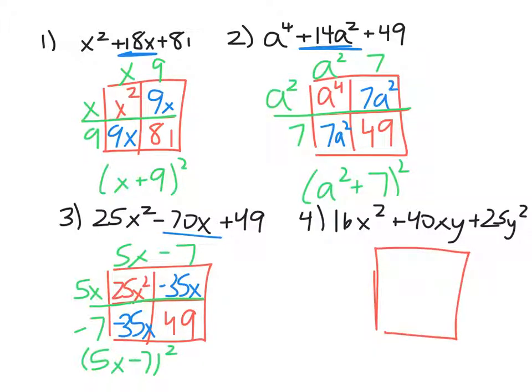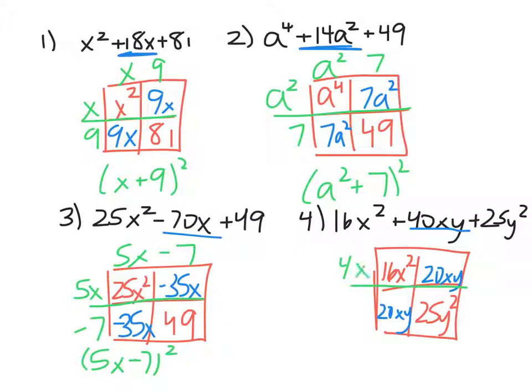Now we start getting a lot more variables going on, but we do things the same way. First term, first box, last term, last box. We also want to make sure our stuff is working with my variables. Like I said, all of these ones were going to work, but sometimes I'll give you, are they perfect square trinomials, yes or no? And so they may not be. So be careful with your variables.